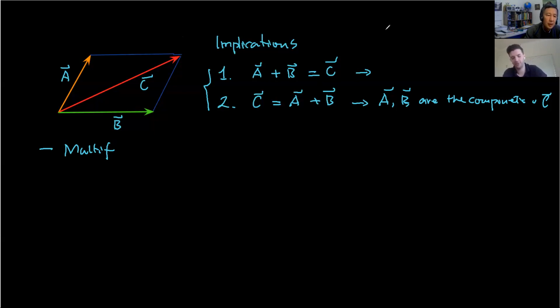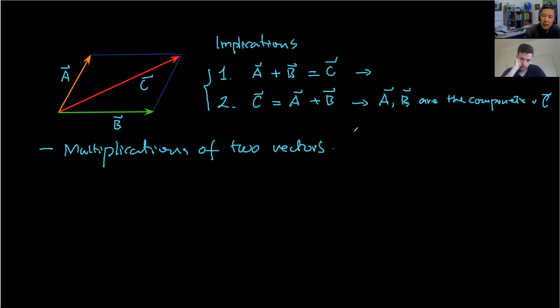I've forgotten what the difference is between the dot product and the cross product. Multiplication of two vectors, yes, we can review that. One is called the dot product, another is called the cross product.